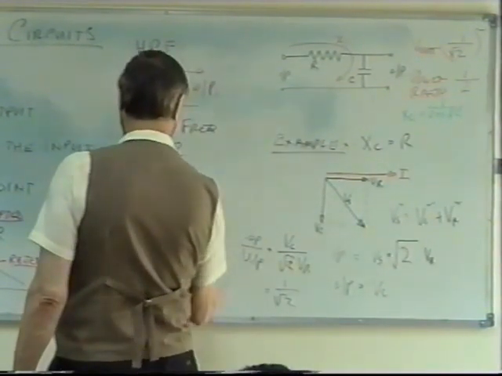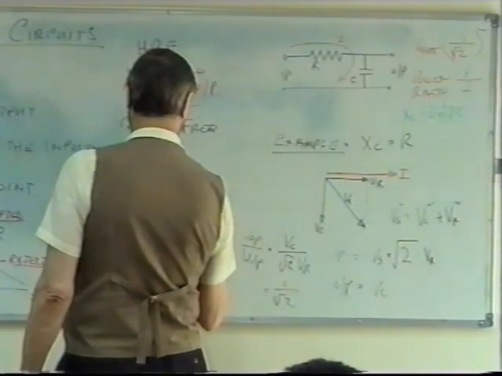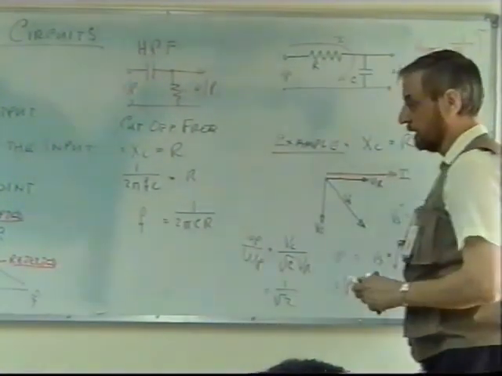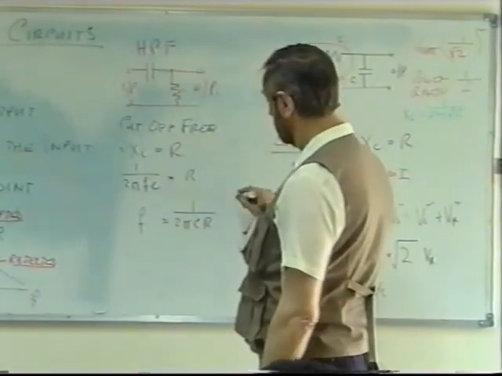So F is equal to 1 over 2 pi CR. If you needed to calculate that, I'm sure we did one like that.